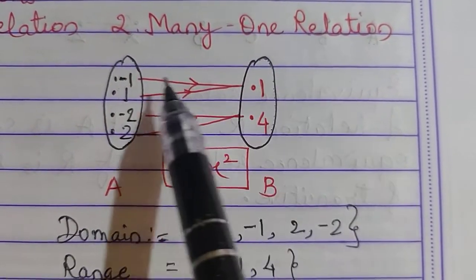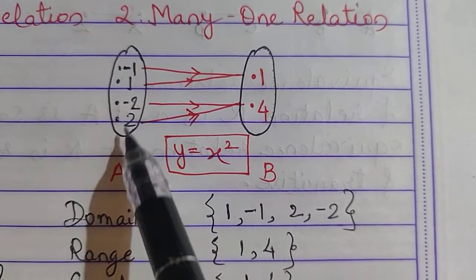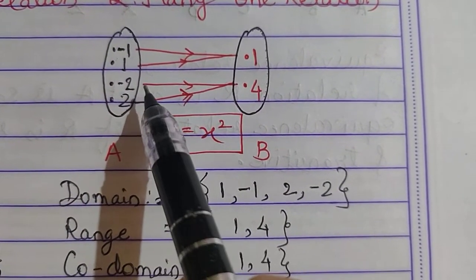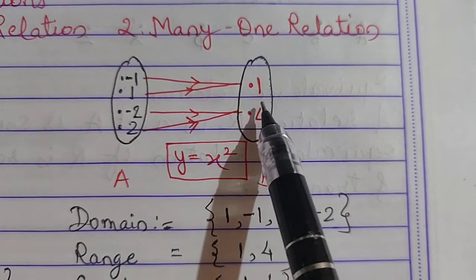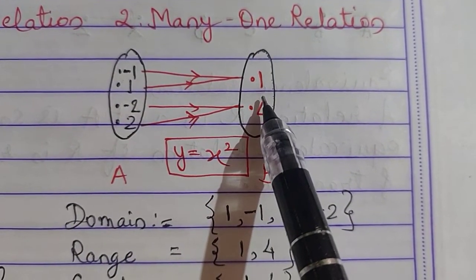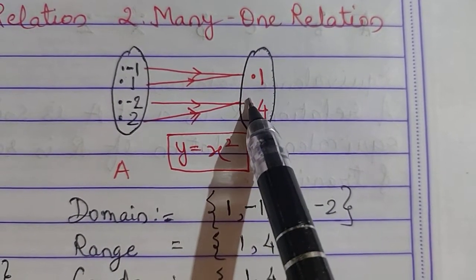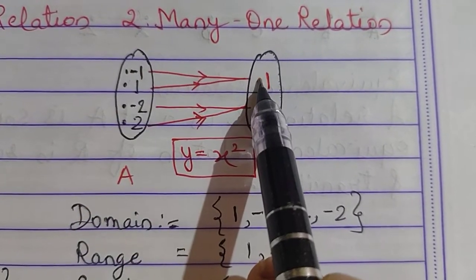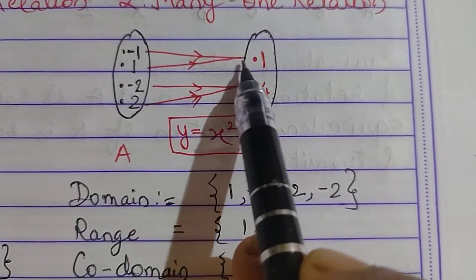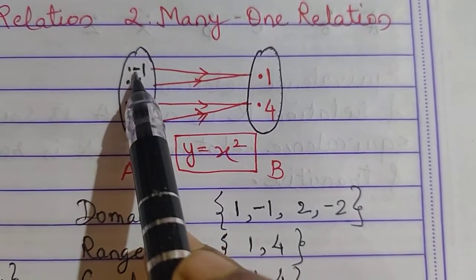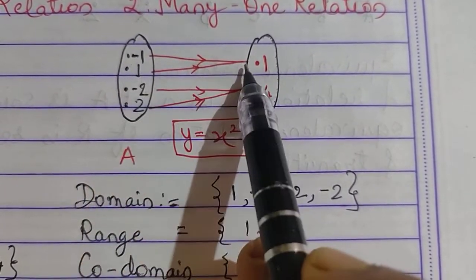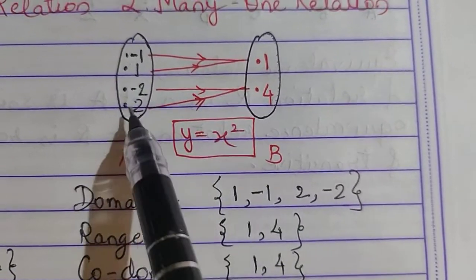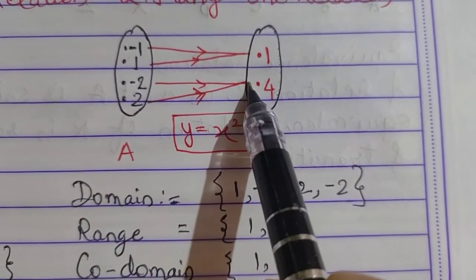Many-one relation means more than one element of set A has the same image in the set B. So -1 is related to 1. 1 is also related to 1. So the image of -1 is 1, the image of 1 is 1, the image of -2 is 4, the image of 2 is also 4.